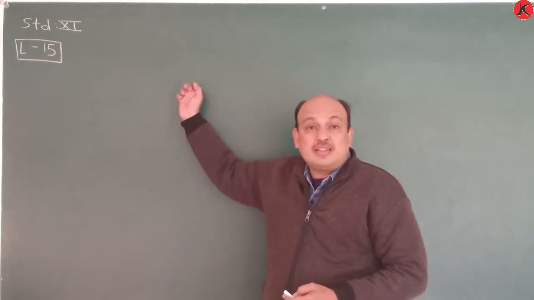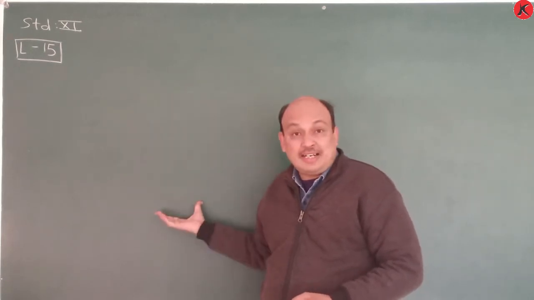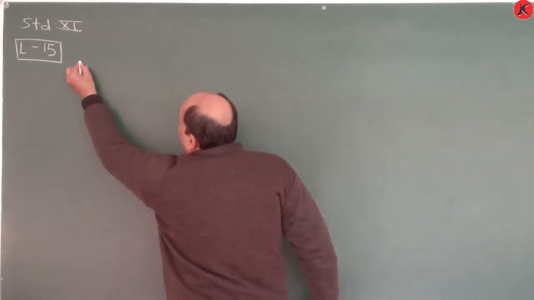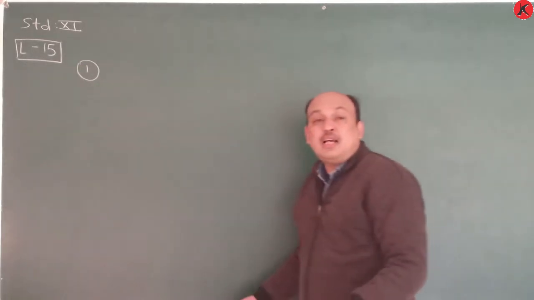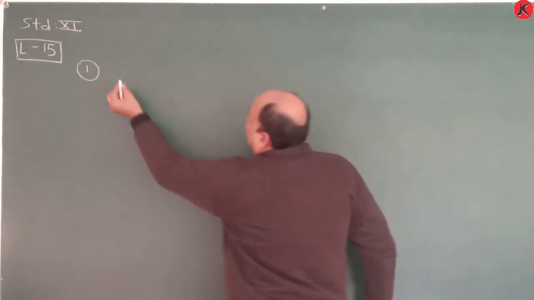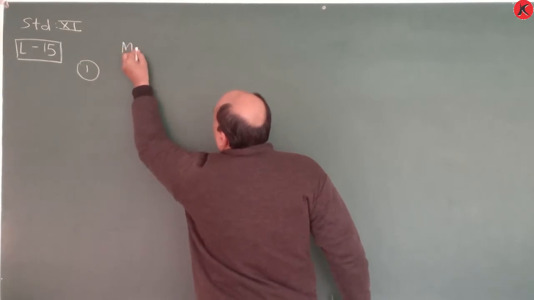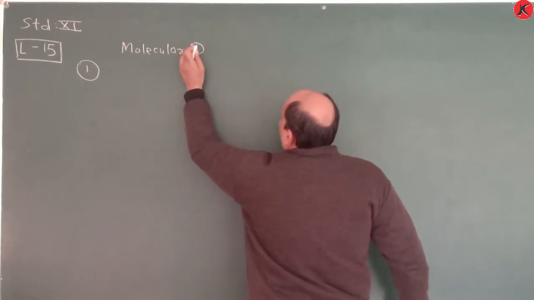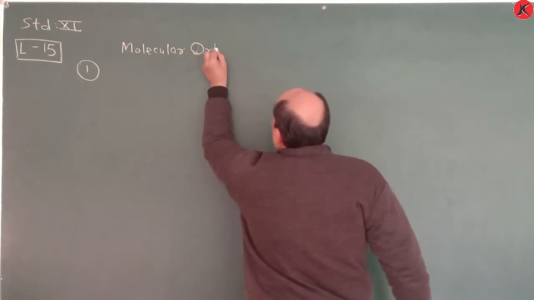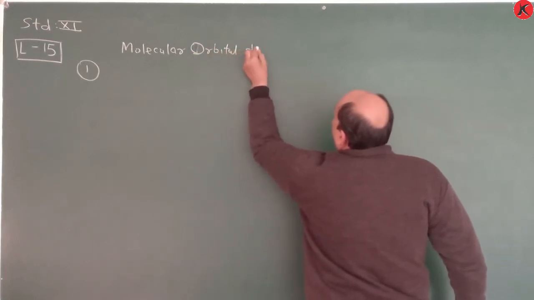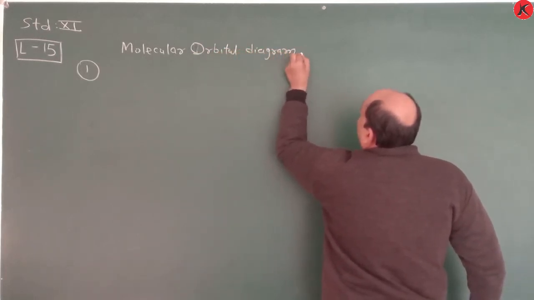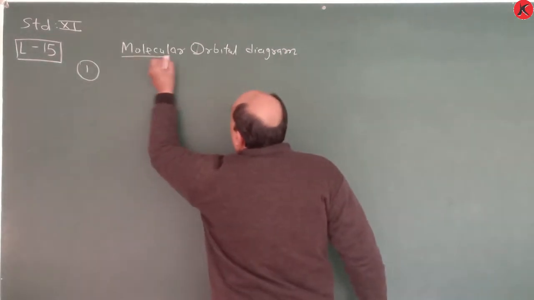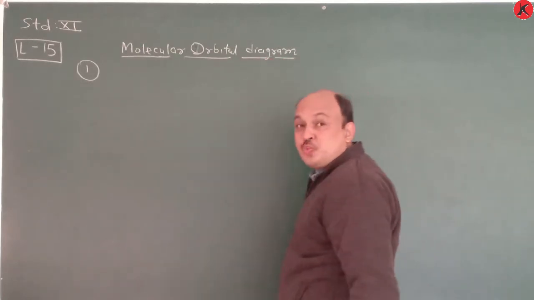You already completed a particular energy level diagram, and now we start with the energy level diagram, or say molecular orbital diagram, of a particular molecule. First of all, what does a molecular orbital diagram mean?